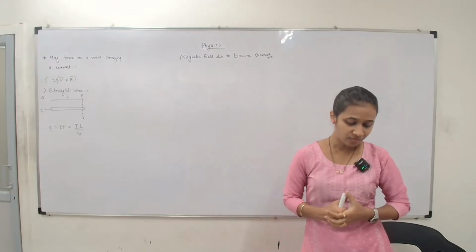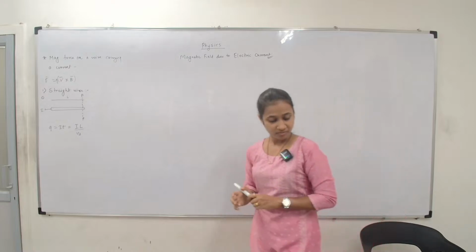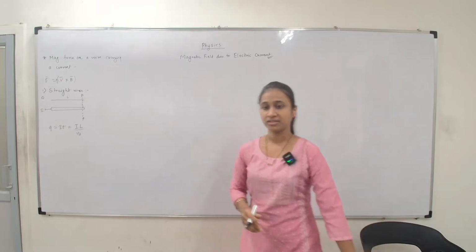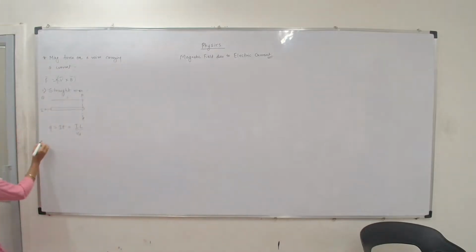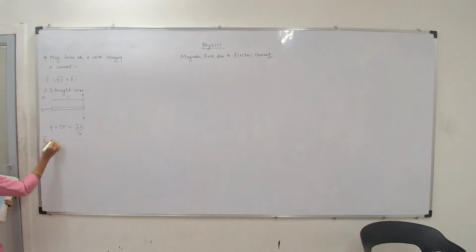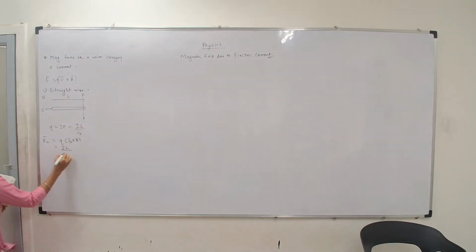Next, the magnetic force Fm on this charge according to the Lorentz force. Write the formula, what is the Lorentz force formula? That is magnetic. So it is Fm bar is equal to Q into V bar cross B bar, right? Here the velocity we are considering as the drift velocity. The value of Q from this equation is I into L upon Vd, right?